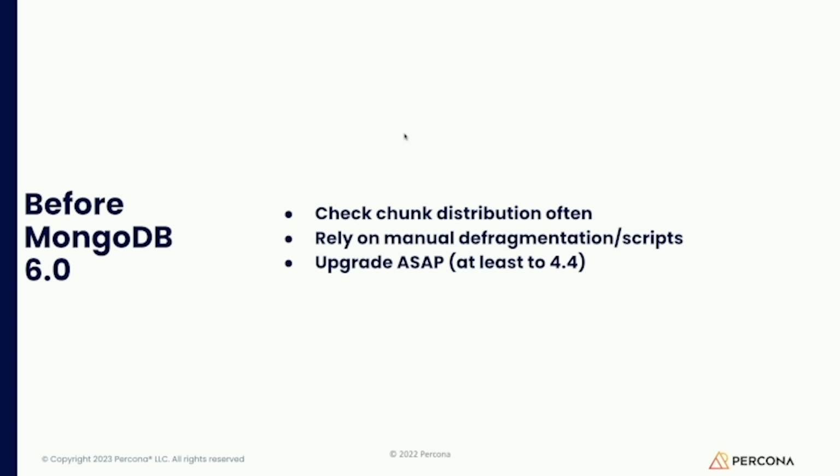And you can rely on these scripts or develop your own scripts to check the chunk sizes and do the combinations and all of that. And it's recommended to upgrade to 4.4 at least, which is the version that has these changes to the autosplitter, which make life easier, as well as some other improvements.